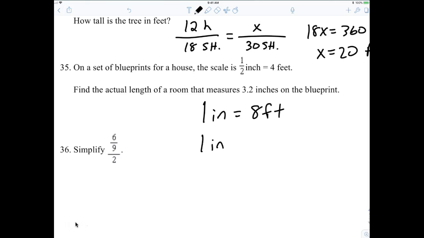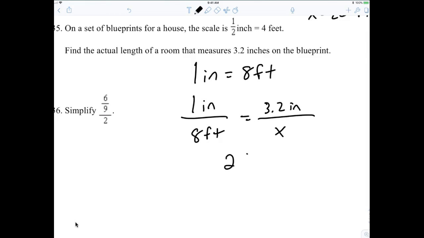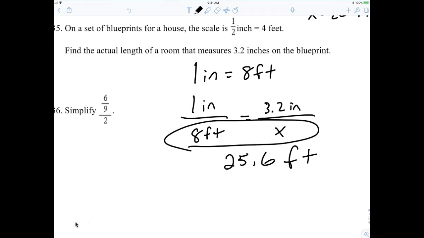You could say 1 inch over 8 feet is equal to 3.2 inches over x. So 25.6 what? Feet. Now, how did I know it was feet? Because what's on the bottom? Feet's on the bottom.